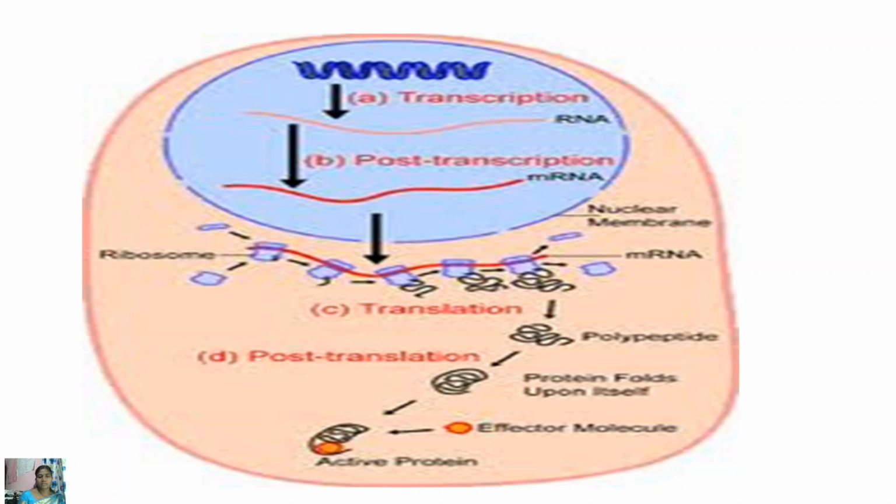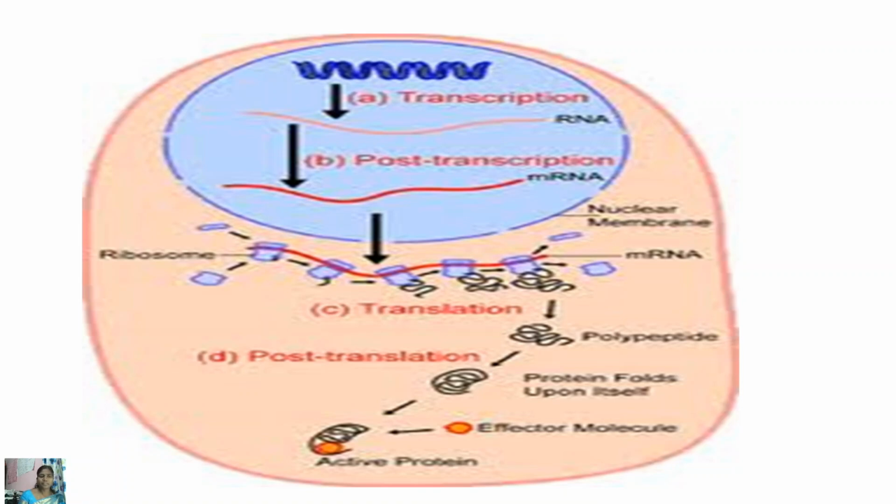This is the overall picture of how protein synthesis takes place. From the DNA, the information is transcribed in the form of RNA, mainly mRNA. In eukaryotes, mRNA undergoes some modification and is transported from the nucleus to the cytoplasm.